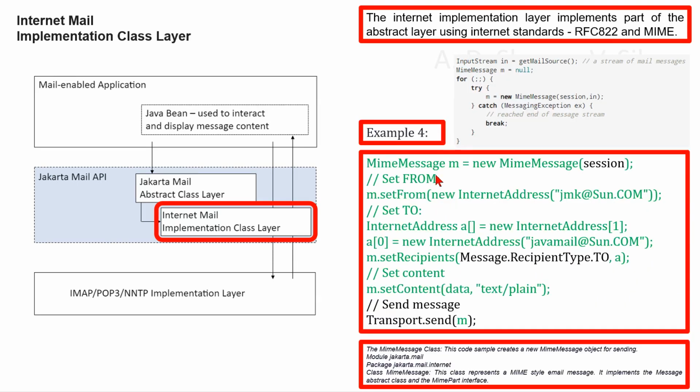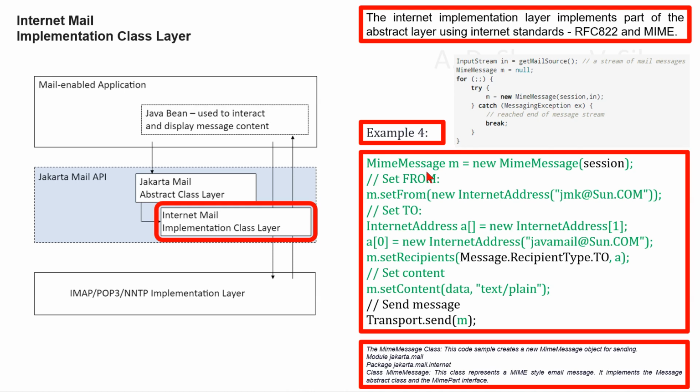Now we are considering the MimeMessage class. This code sample creates a new MimeMessage object for sending. The class MimeMessage in package jakarta.mail.internet in module jakarta.mail represents a MIME style email message.